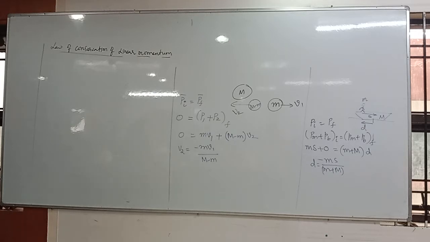Calculate that. 0.35, yes. Seven by 20 is the correct answer. Understand the situation, don't do it directly.